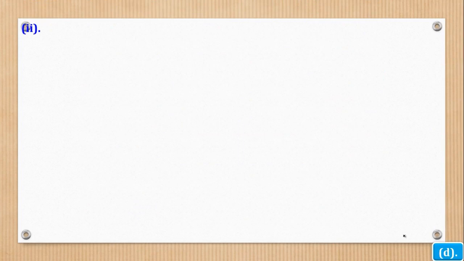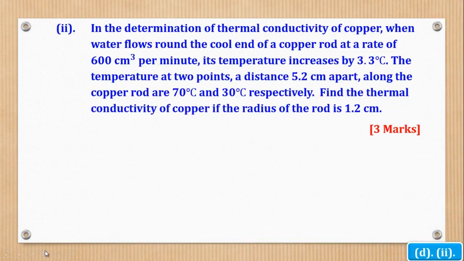So now we shall go to part D, Roman 2. Roman 2 says that in the determination of thermal conductivity of copper, when water flows round the cool end of a copper rod at a rate of 600 centimeters cubed per minute, its temperature increases by 3.3 degrees Celsius.